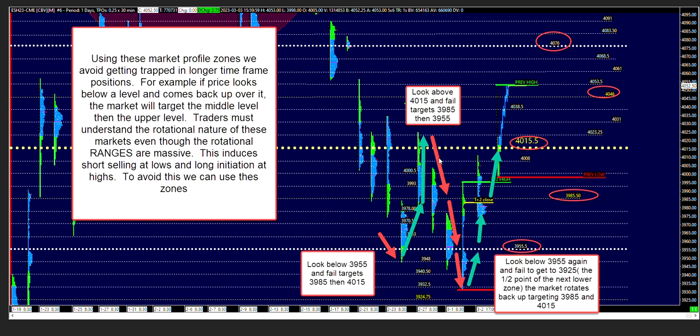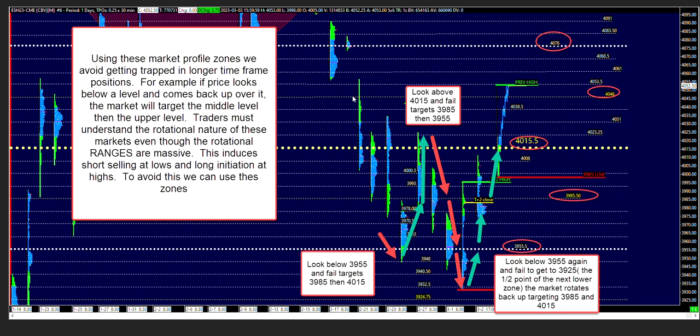We could use these zones to avoid this. So there's that look below 39.55, fail, back up. You look above 40.15, you come back down to 39.55. You look underneath 39.55, you come back up over 39.55. So you see how this works back and forth and back and forth.